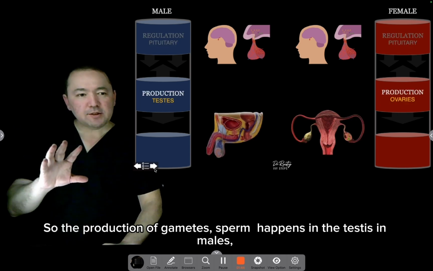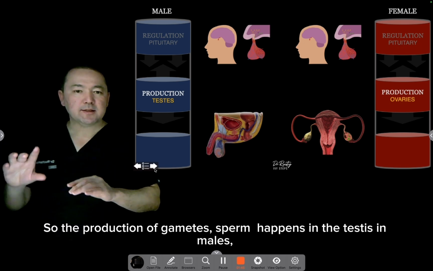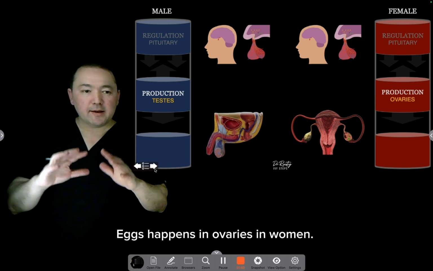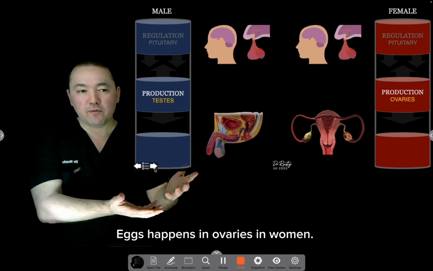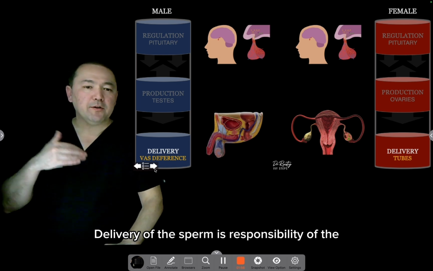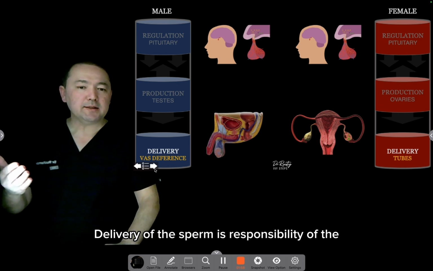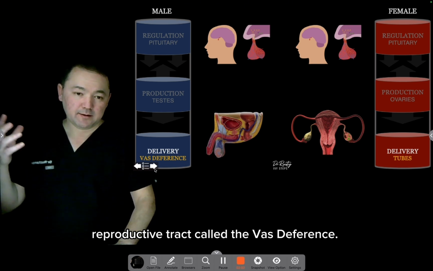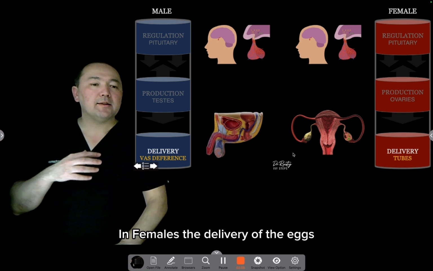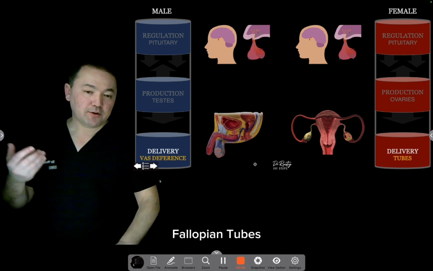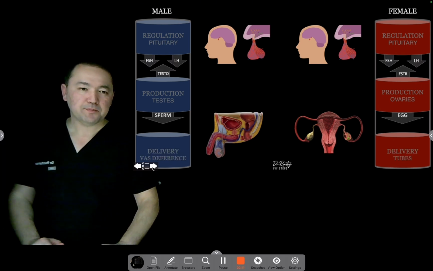The production of gametes, sperm, happens in the testes in males, eggs happen in ovaries in women, and delivery of the sperm is the responsibility of the reproductive tract called vas deferens in males, and the delivery of the eggs and embryos is the responsibility of fallopian tubes.